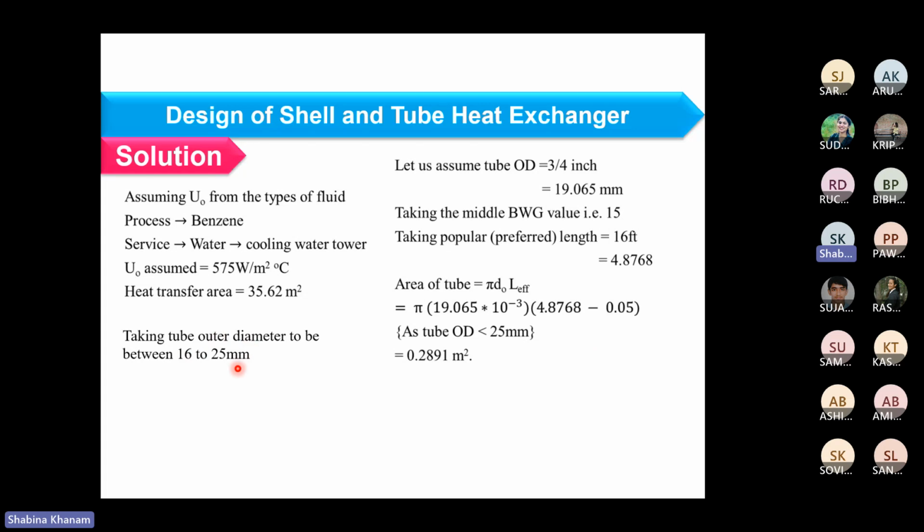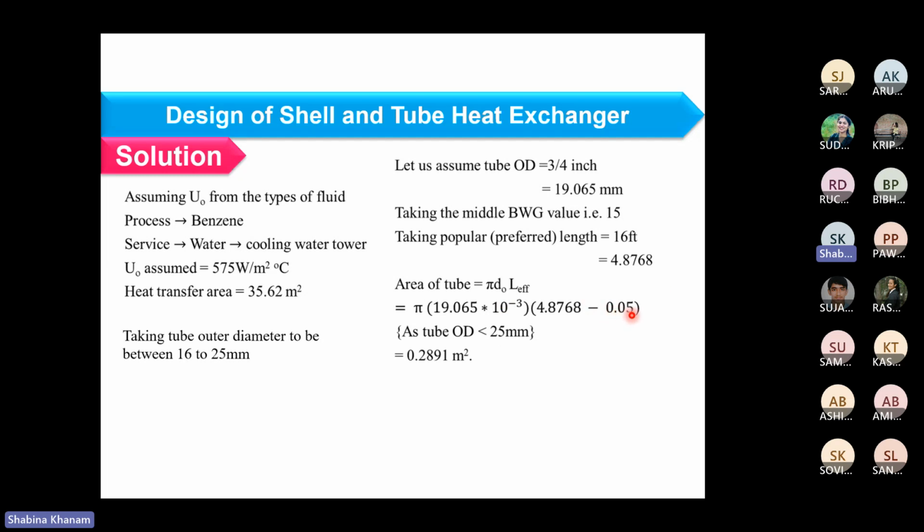Now if I consider OD of the tube, which in this case is 19.05, and if OD of the tube is more than 25, you need to consider OD of the tube as thickness of tube sheet. Let's say it is 30, a 30 mm tube you are considering, tube sheet thickness should also be 30. Otherwise it is 25. So when I am considering 25 mm on both sides, 50 mm we need to deduct from the total length.